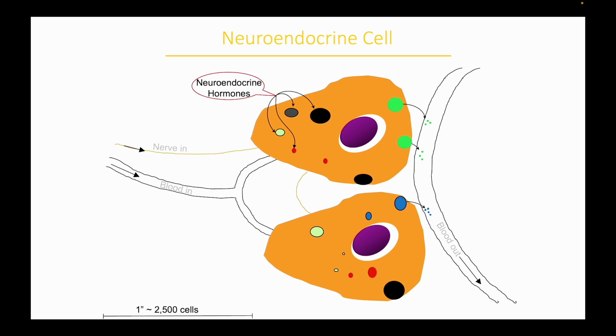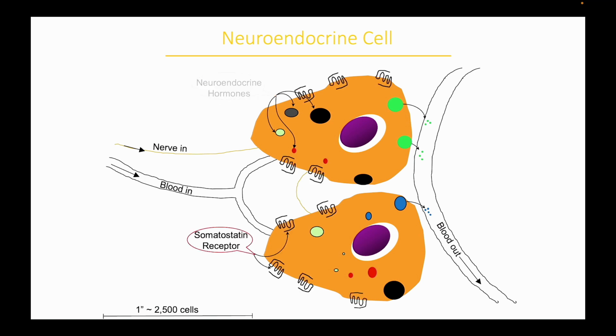A lot of those cells within the stomach area and the intestinal tract are all nerved in together. There are blood vessels coming in. These cells are making various hormones and pushing them out into the bloodstream. If I stacked up 2,500 of these, I'd have 1 inch, so pretty small.